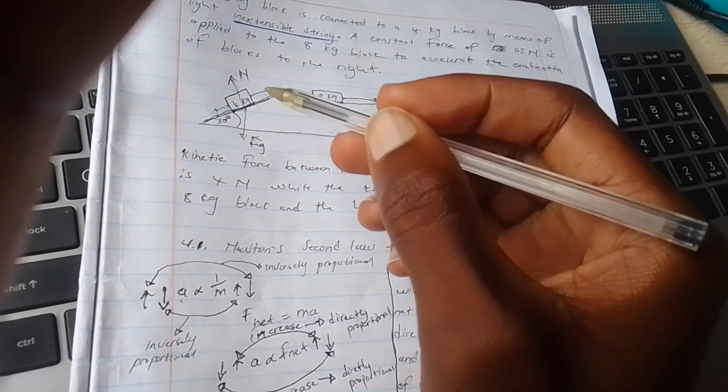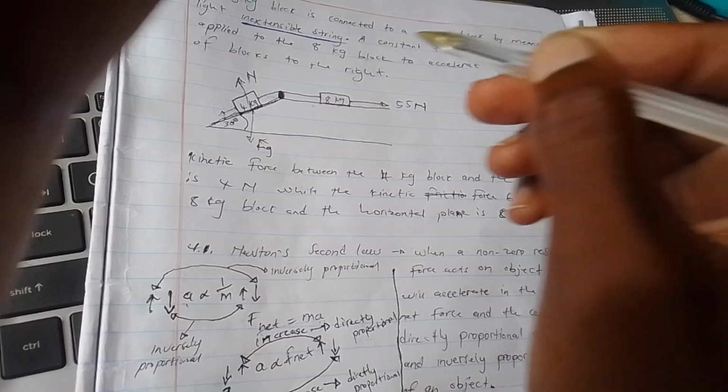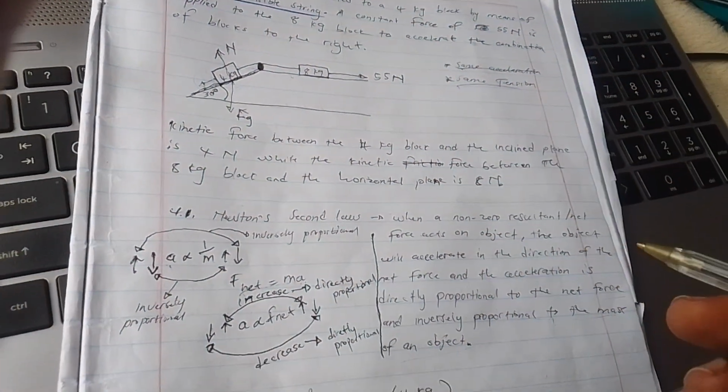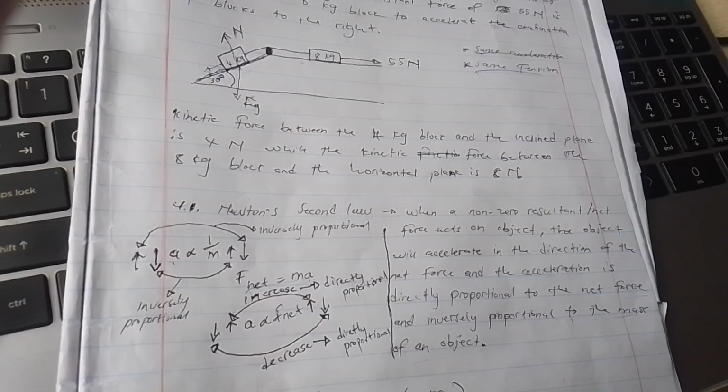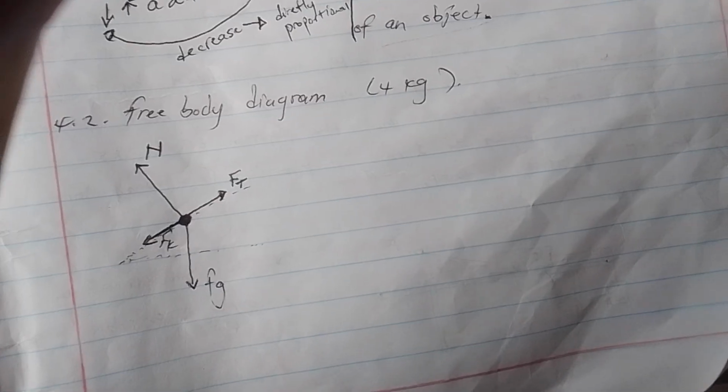You know, where the block is going, the frictional force opposes that direction. You get me? So okay, here's our free body diagram on our 4 kg block.